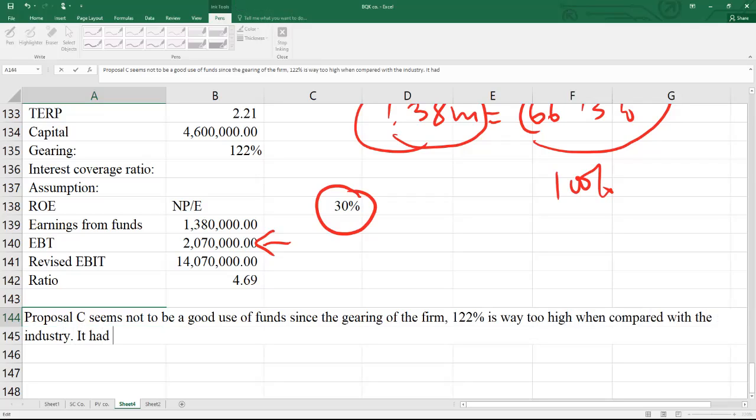It has decreased the gearing. Did you make the comment? Don't forget, there are more marks for the comment.